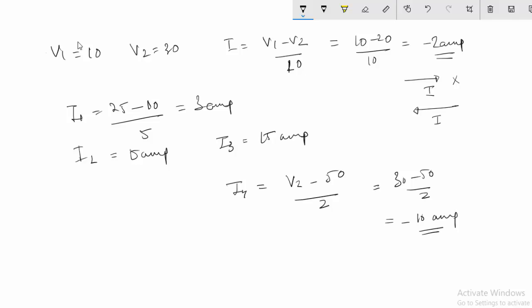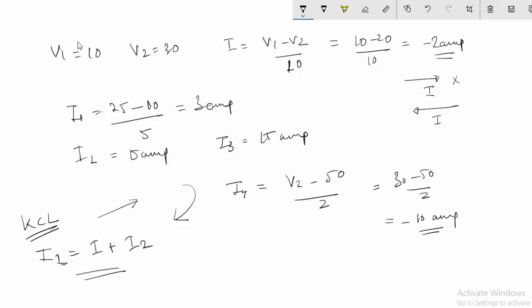So again this was all the equations. So again, to cross validate, what was your KCL: I1 was equal to I plus I2. So this was your first equation of the KCL which you had previously written. To validate whatever we have calculated so far is correct, you can put it in this KCL equation and you can find your I1. What you have got for I1 is 3 amperes.